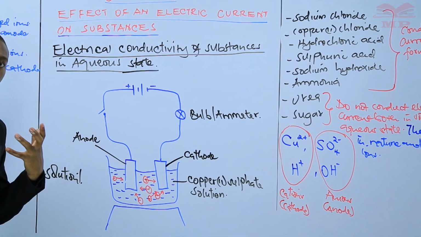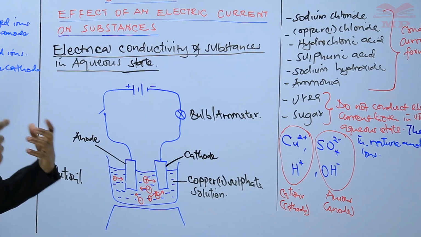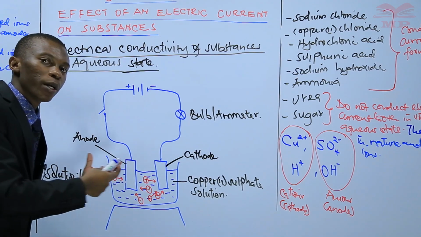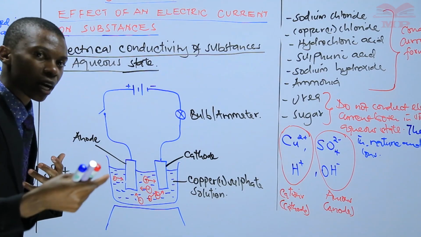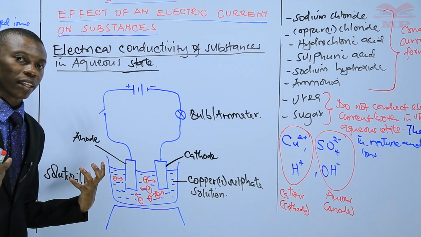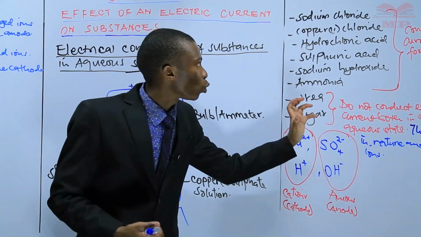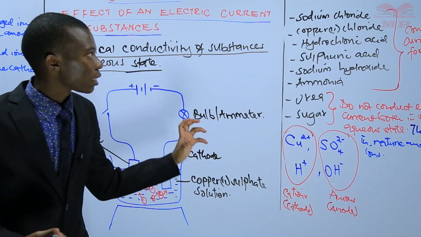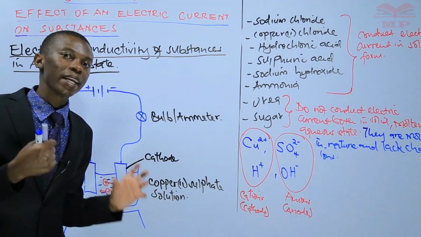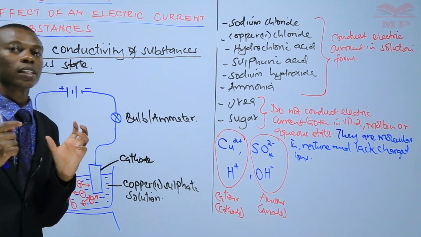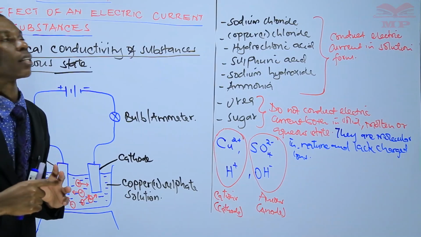So that is what will happen. Therefore, the bulb is going to light because of that movement of ions towards the cathode and towards the anode. And sodium chloride, copper 2 chloride, hydrochloric acid, sulfuric acid, sodium hydroxide, and ammonia also conduct in aqueous or solution state.